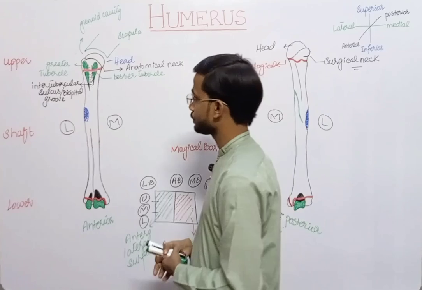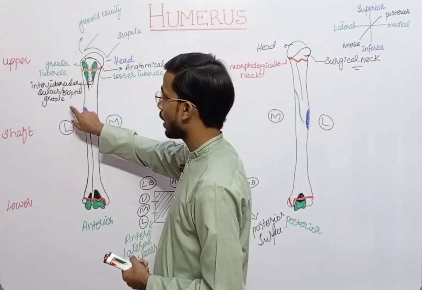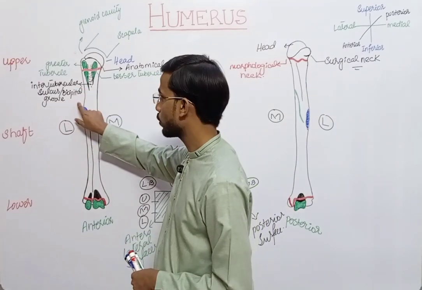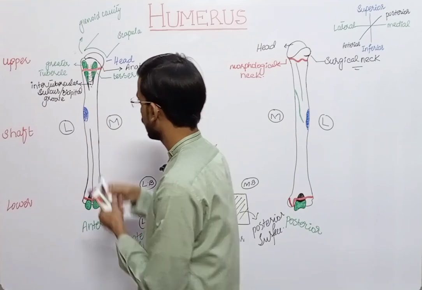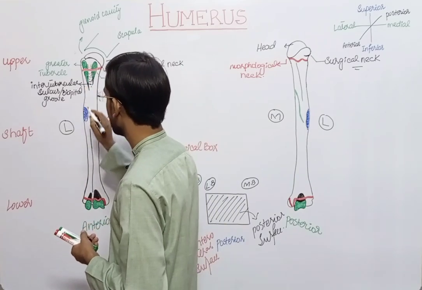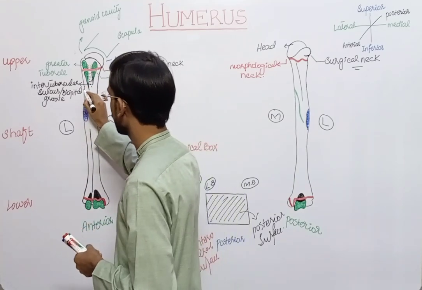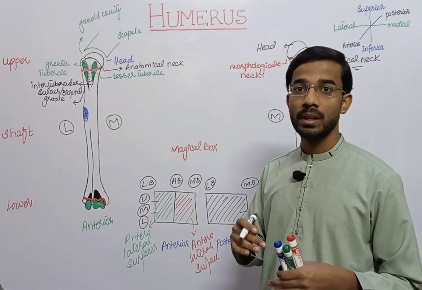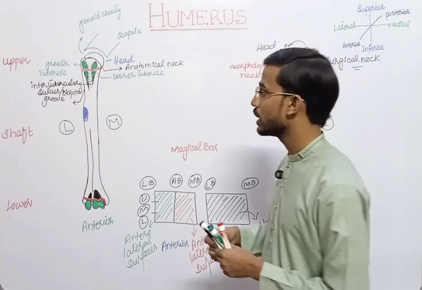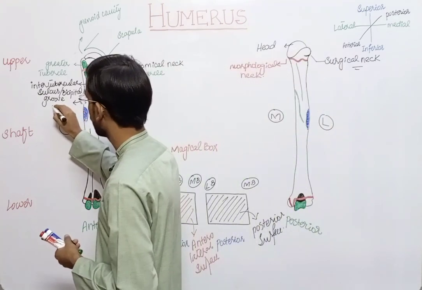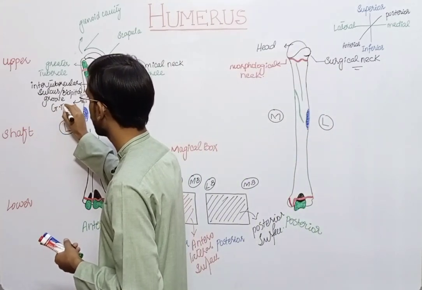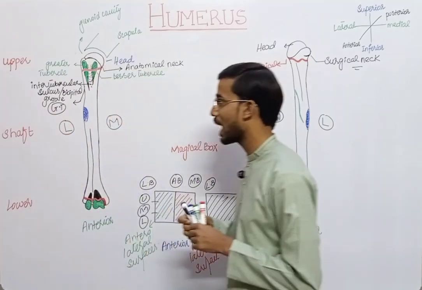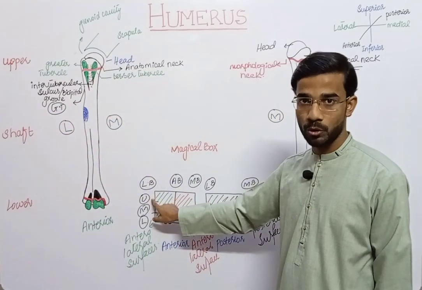Here you can see at the upper portion of the shaft, there is a portion of the greater tubercle. Greater tubercle will lie in the upper portion.